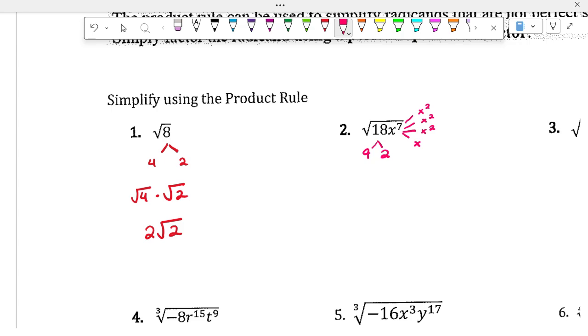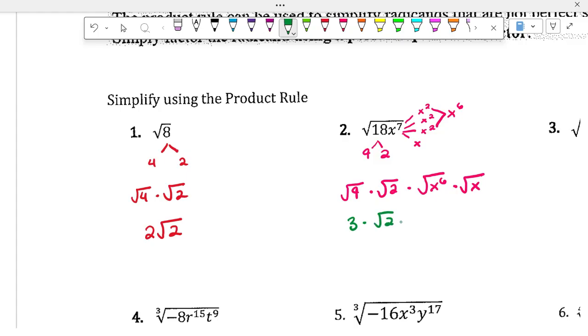So that's how I'm going to write it. I got the square root of 9 times the square root of 2 times the square root of x to the 6th times the square root of x. Because remember, these 3 together, if you multiply them, is x to the 6th. So, what's the square root of 9? 3.